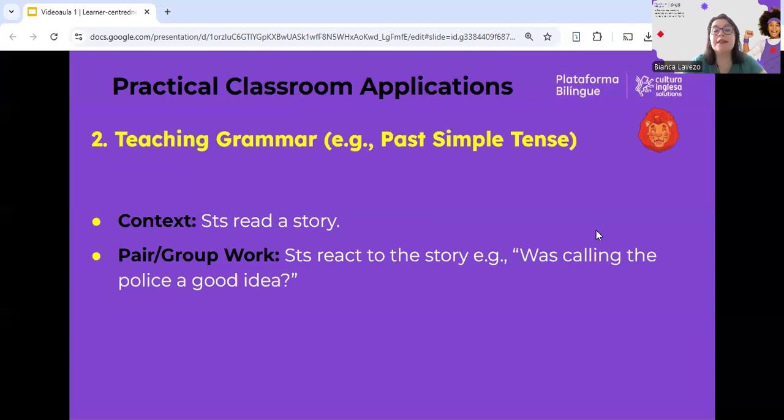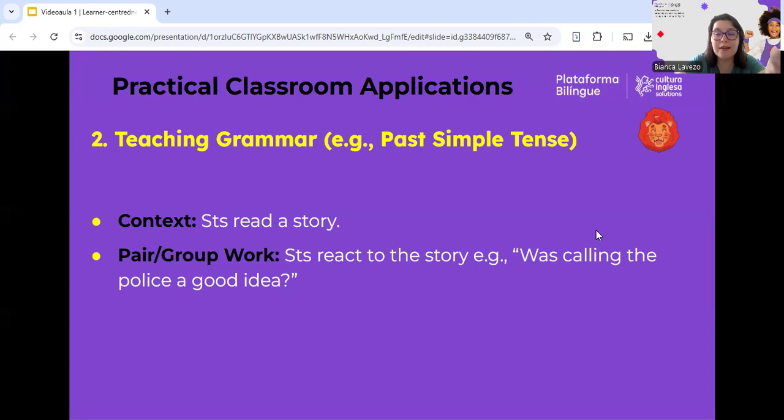So let's imagine that at some point somebody called the police. Yeah. So they react to the story by telling their friends their opinion. So do you think calling the police was a good idea? Oh, yes, it was. Or no, it wasn't. Do you remember the language that we provide the students with?